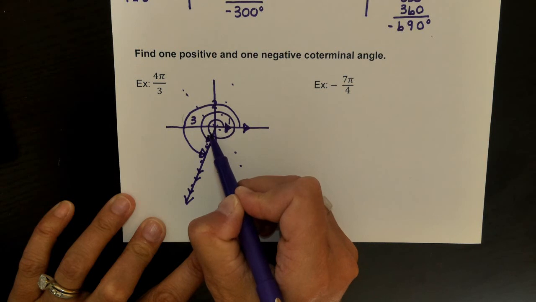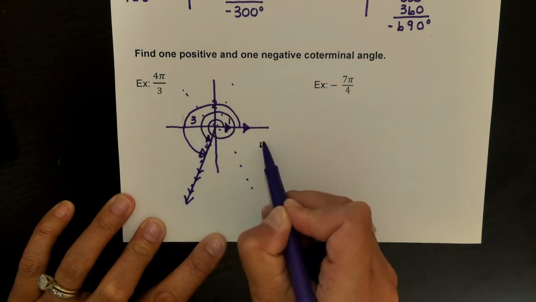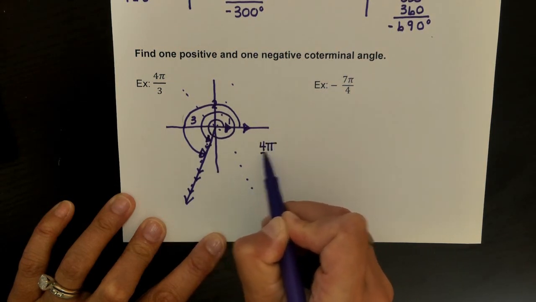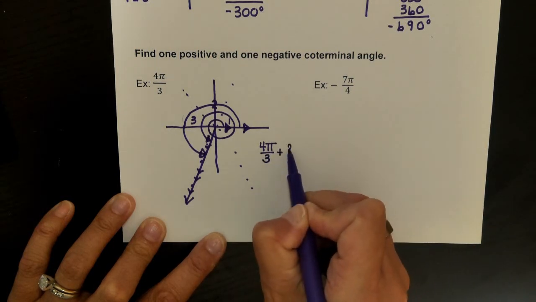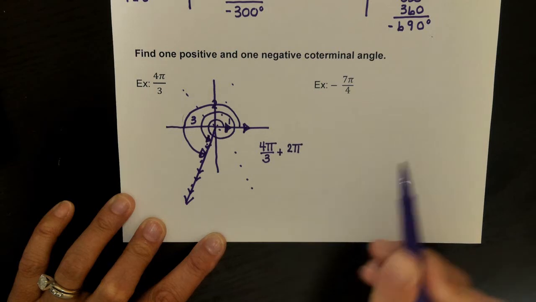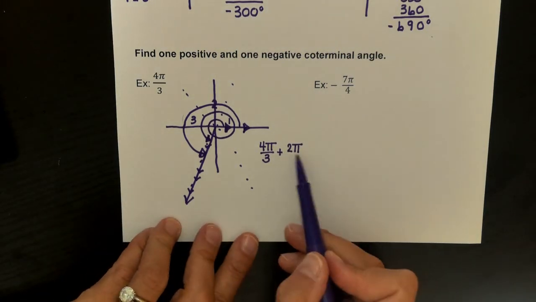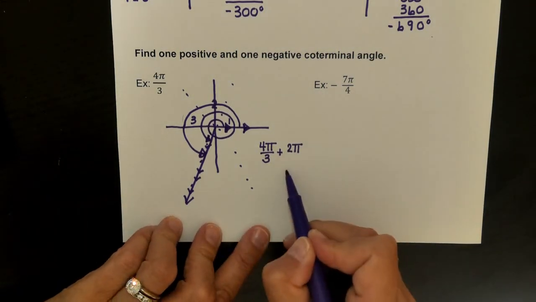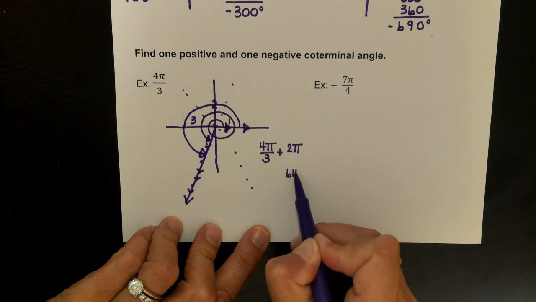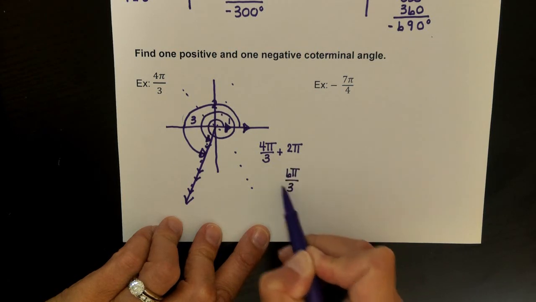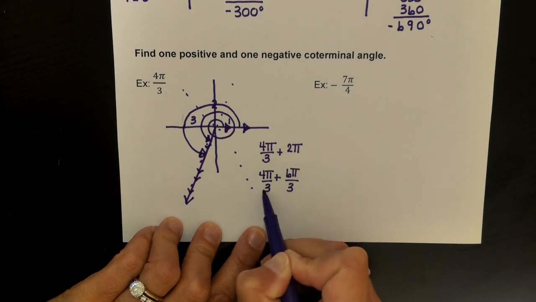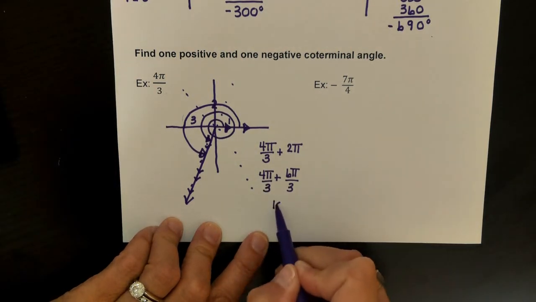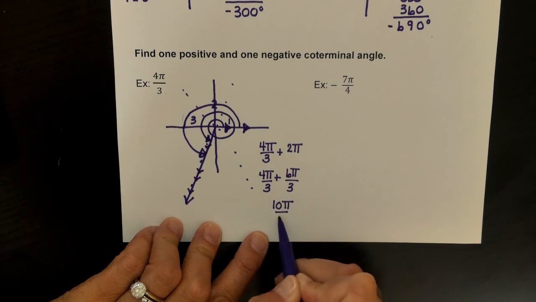So 4 pi over 3 plus another circle is 2 pi. But remember, I need common denominators. 2 pi is the same thing as 6 pi over 3. So that is 10 pi over 3.